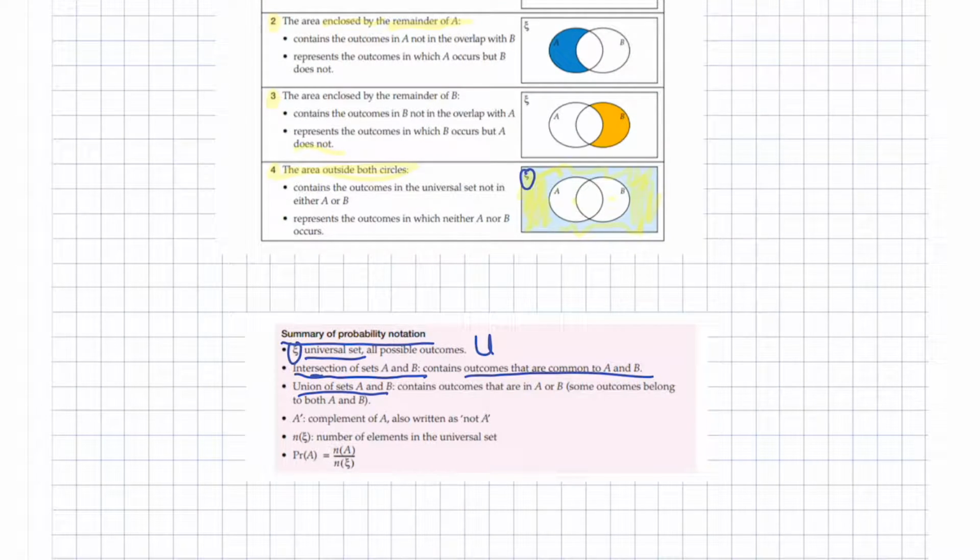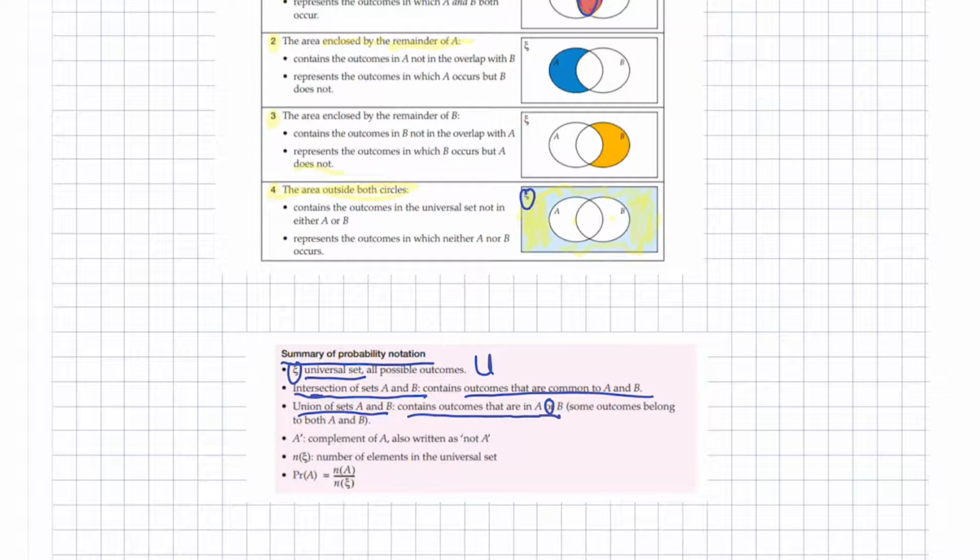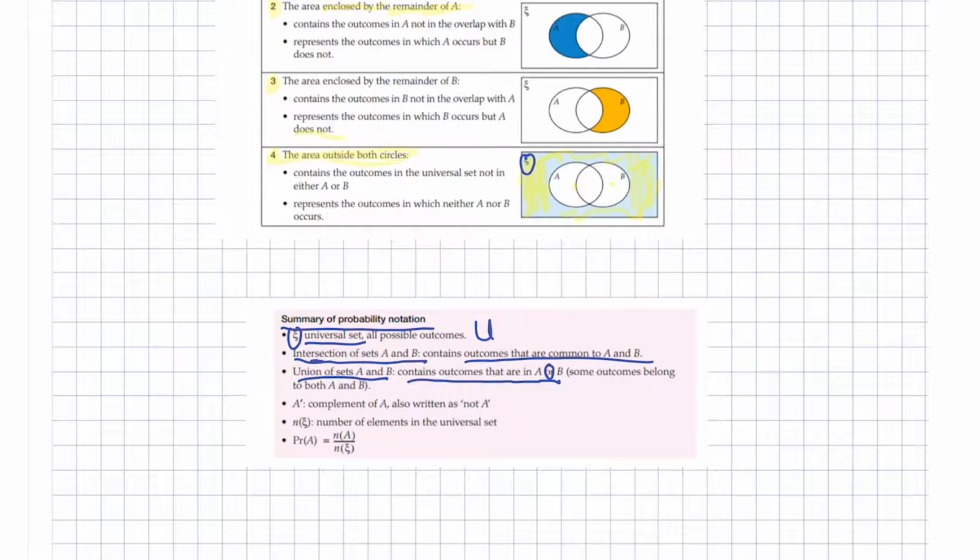The union of sets A and B contains outcomes that are in A or B. The keyword here is or, which means some outcomes may belong to both A and B. A prime over here is the complement of A, which is also written as not A. Anything that's not A is a complementary event, and it is written as A prime.